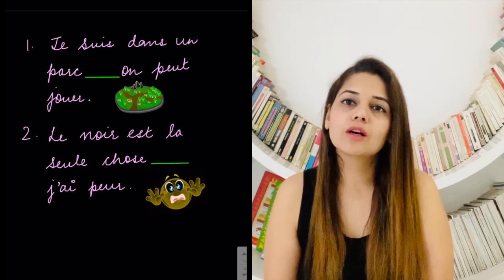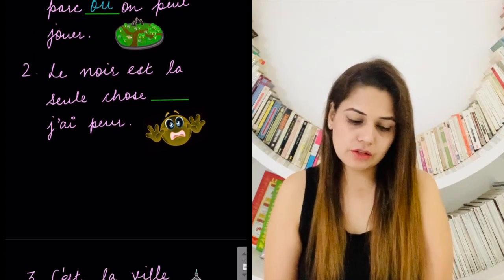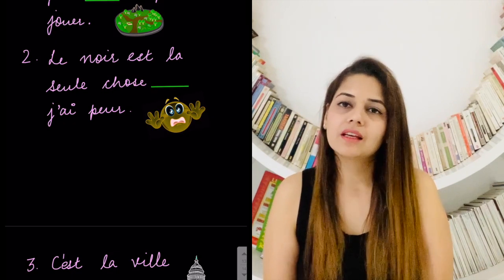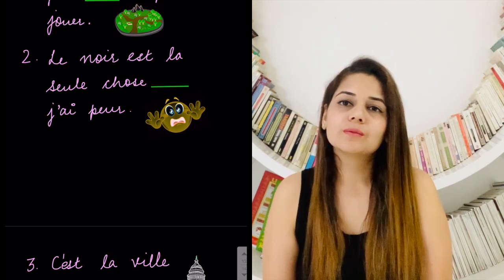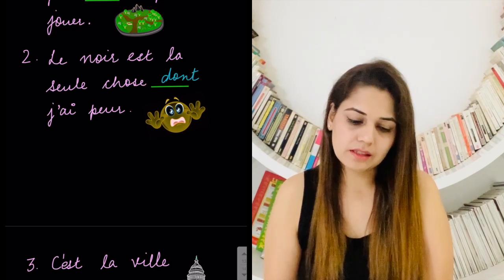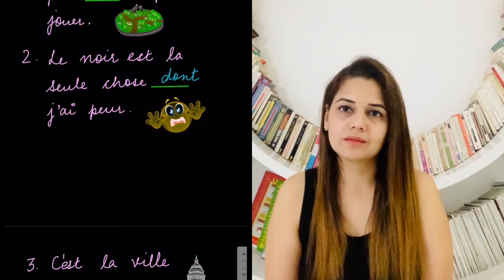So we'll be using où. Le noir est la seule chose dont j'ai peur. In here, we'll be using donc. And what is the meaning of this sentence? The darkness is the only thing I'm scared of.